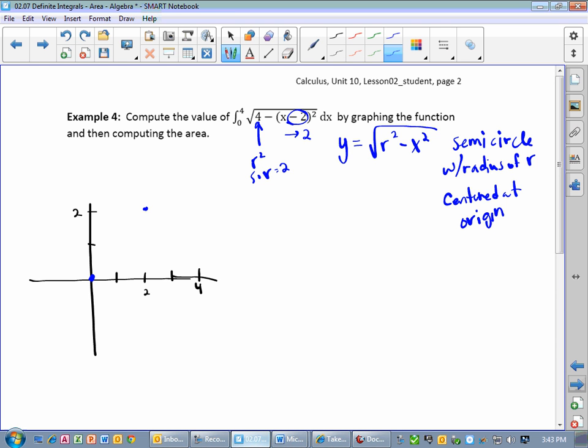What are we integrating from and to? From 0 to 4, which is awfully convenient considering that's our semicircle in its entirety. So we're finding the area of that semicircle.